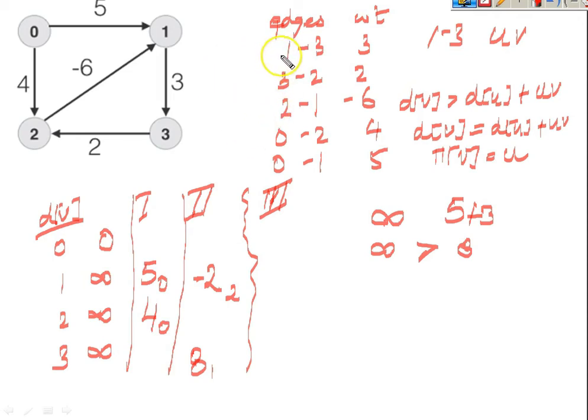So I start from 1 to 3. The d value of 1 is minus 2. Minus 2 plus 3 is 1, and 3 is 8, so I am going to change this, this will be 1. Again I repeat, the d value of 1 is minus 2.